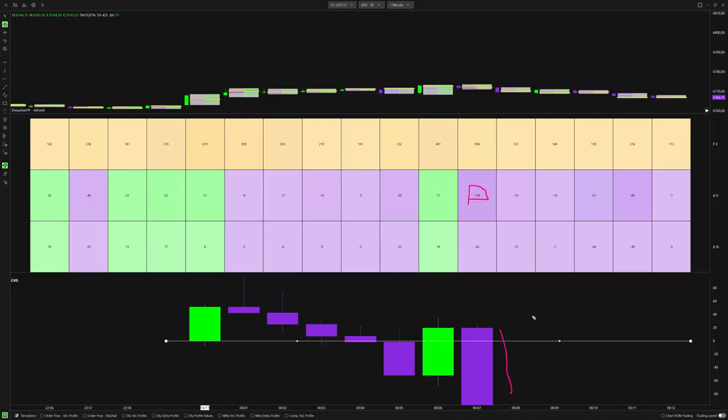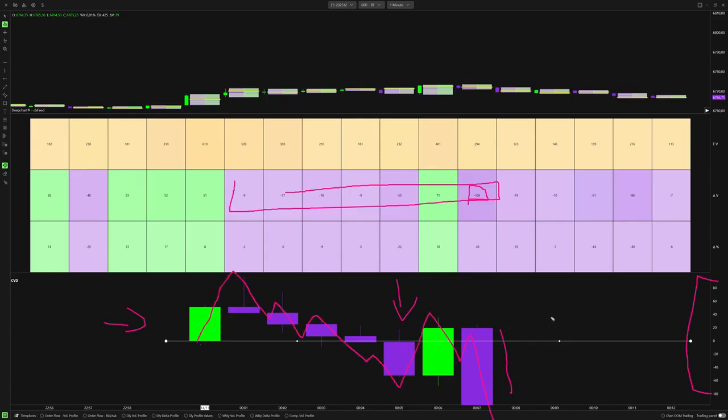So the only difference between this one and this one is cumulative. It takes into consideration the total delta of the entire session and shows you how the delta varies throughout the session.